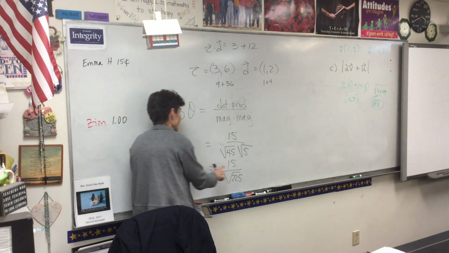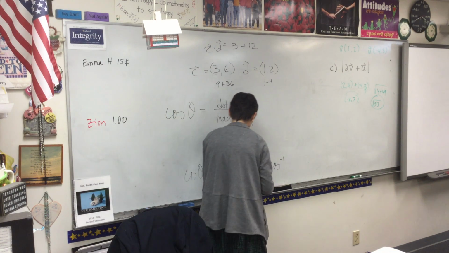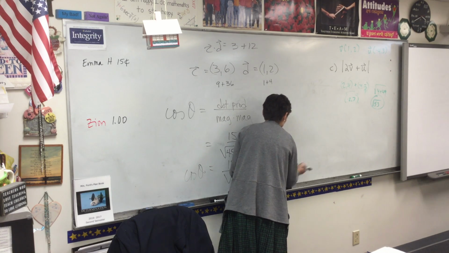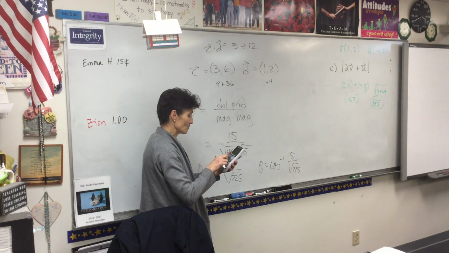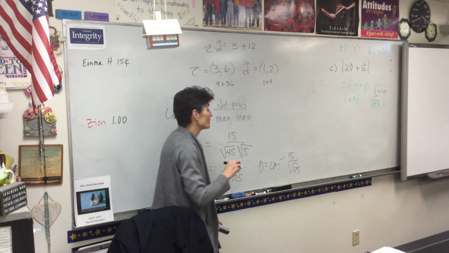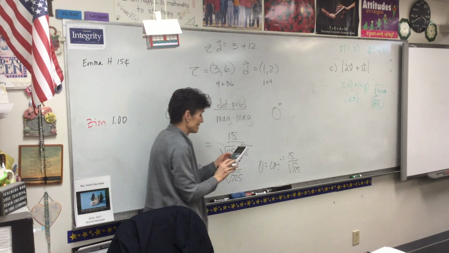So now what do I type into my calculator? Second cosine of this fraction. And what happens when you type in second cosine of that fraction? You get 0. So the angle between these vectors is 0.